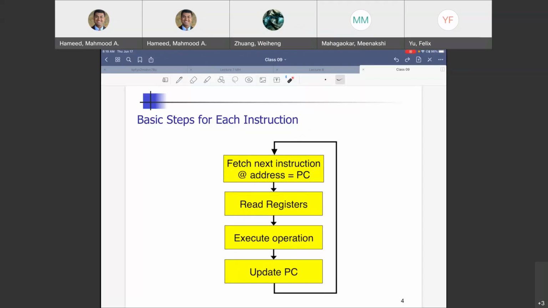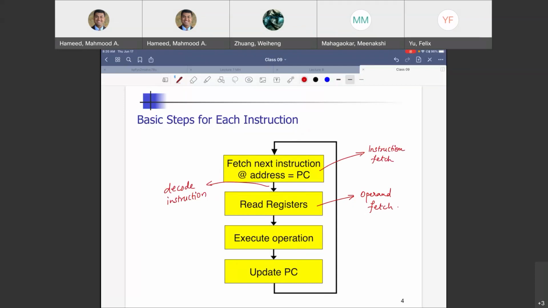But read registers is operand fetch, right? So this is instruction fetch. Then somewhere over here, there is decode instruction. And we are not showing that because it is the control unit, the finite state machine, that is taking care of that.